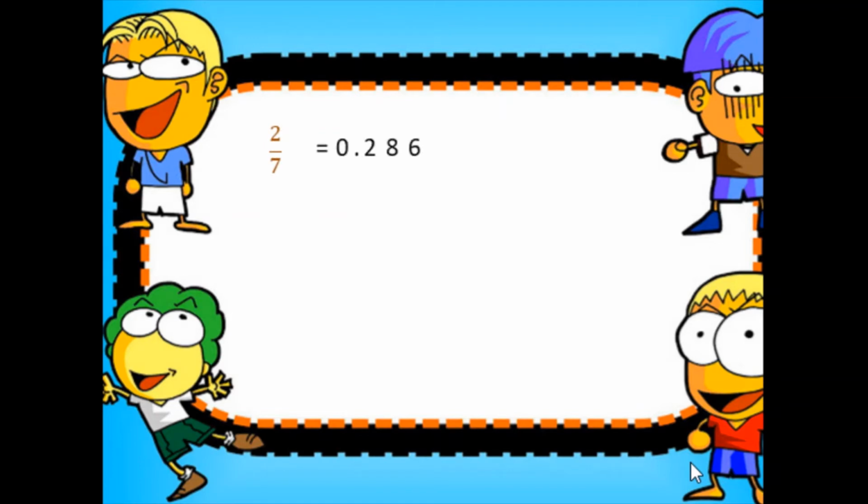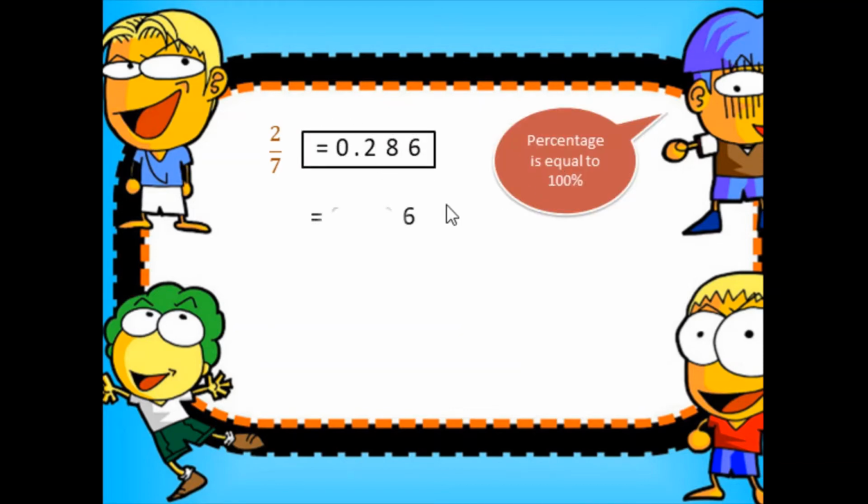Another example. Supposing we have 2/7, we changed it to decimal already, so it's 0.286. Okay? So, move 2 places to the right. 1, 2. That means the decimal point is between 8 and 6. Right? So we write 28.6.